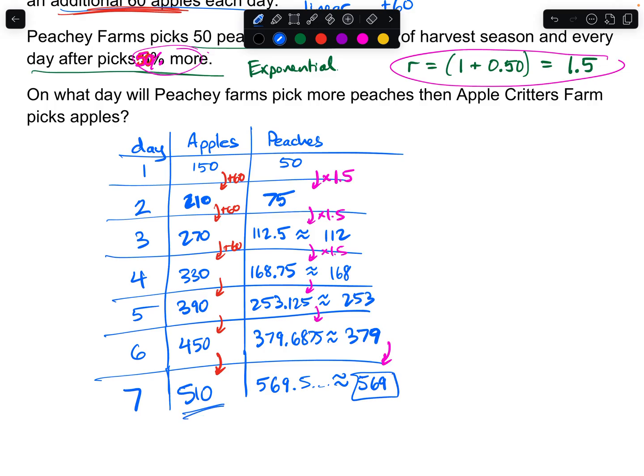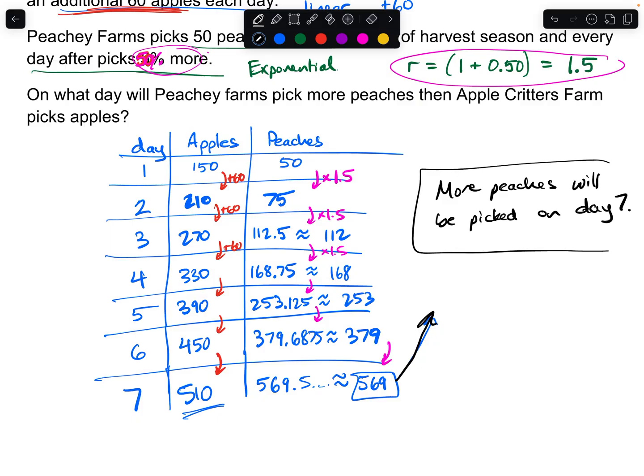That's bigger than 510. So we're just going to answer that more peaches will be picked on day 7. And that's it.